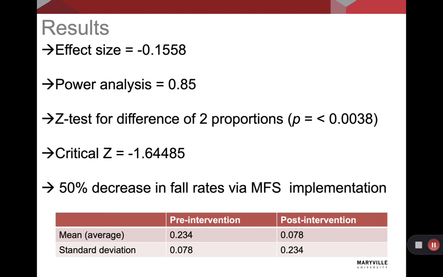The effect size is the difference between the two groups, which was 0.1558, and the power analysis of 0.85 revealed a statistically strong power. The DNP student used the z-test for the difference between two proportions to compare the data. This test is a special form of a chi-square, comparing the two ratios, the pre- and post-intervention data, to see if they are similar or not.